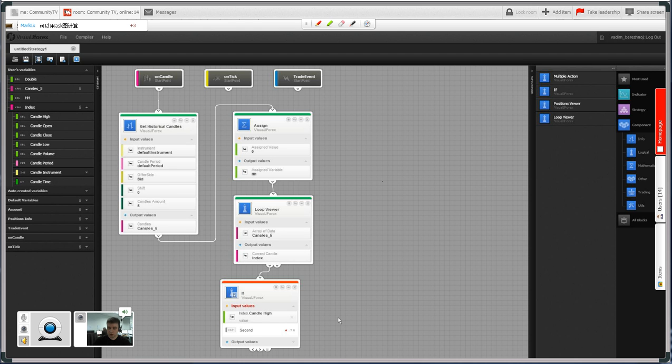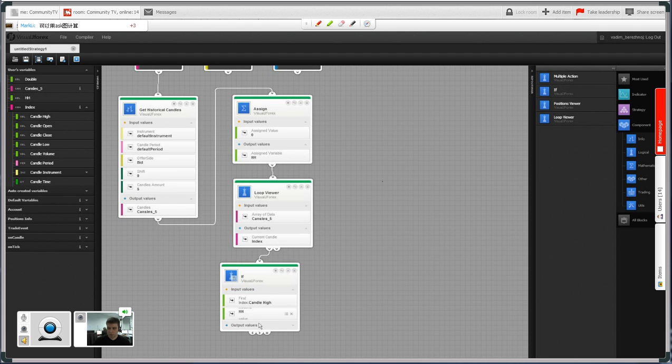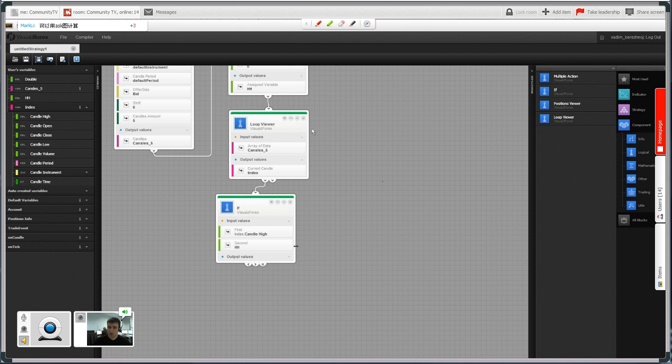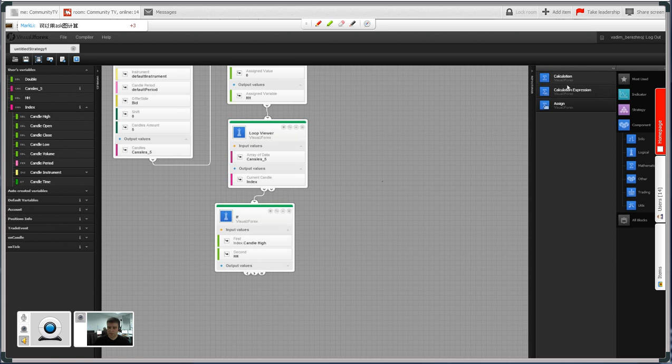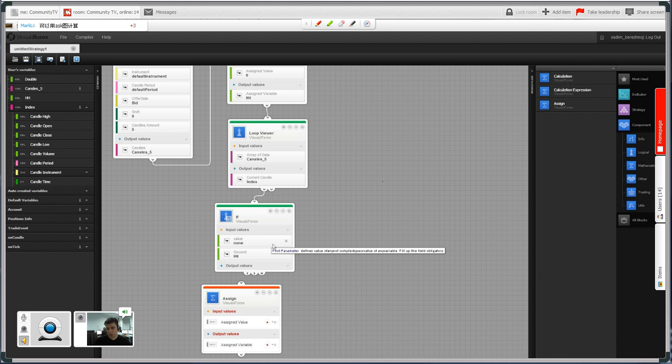We compare it to the current highest high point, and if it's more than highest high, then we assign once again with the mathematical block sign. If current high is higher than highest high, then we assign it.